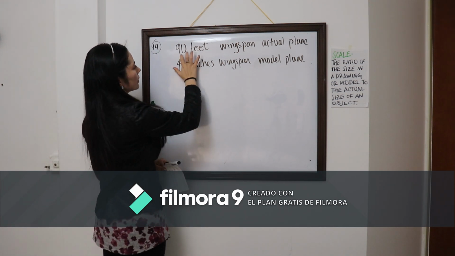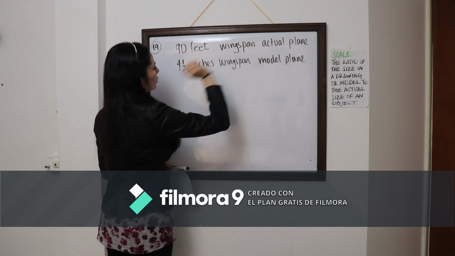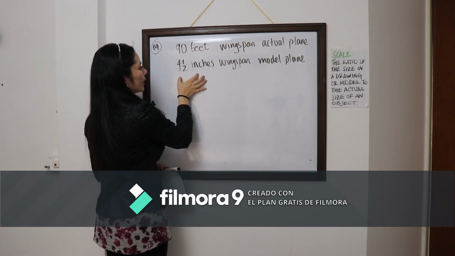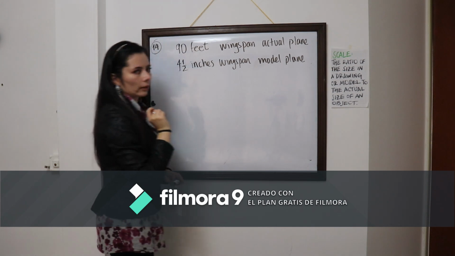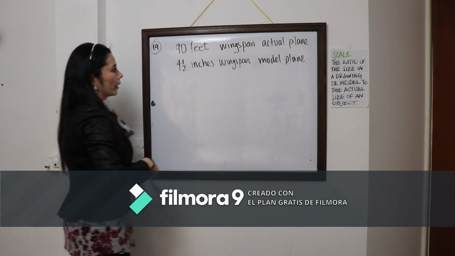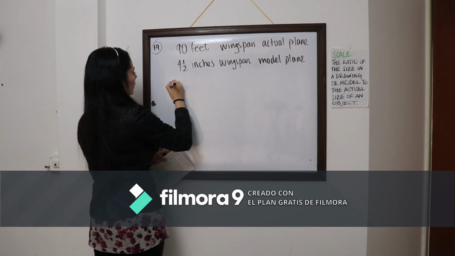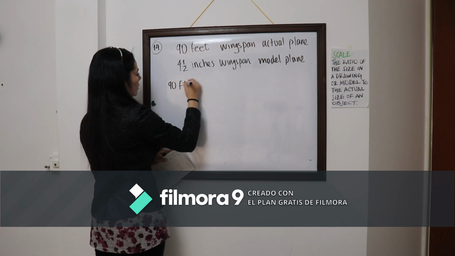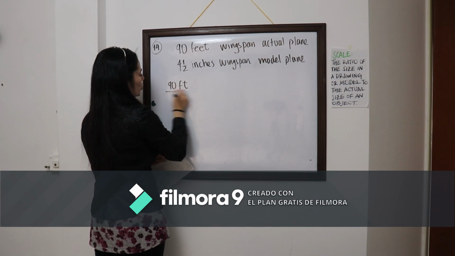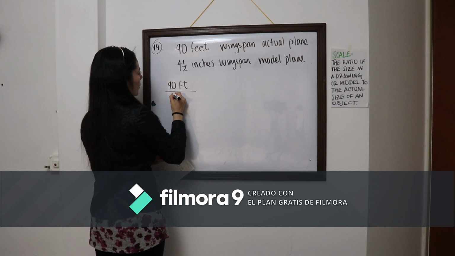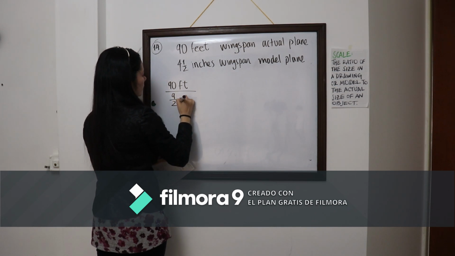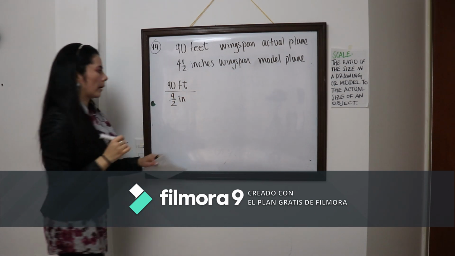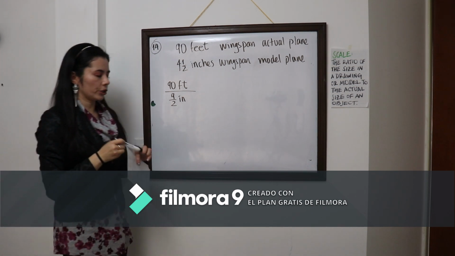We know there is 90 feet in the wingspan of the actual plane, and there is 4.5 inches in the wingspan of the model plane. So we are going to build a ratio here, which is 90 feet to, and instead of 4.5, I'm gonna say 9 halves, just easier that way, okay? I'm just doing the ratio.